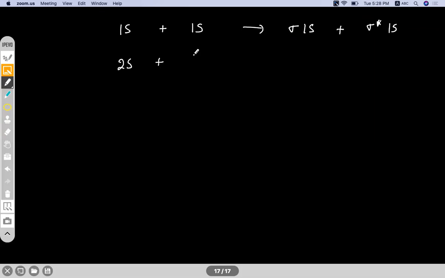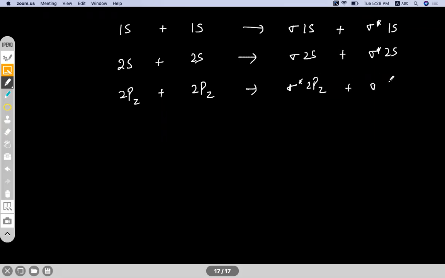If 2s combines with 2s, we again get sigma 2s plus sigma star 2s, anti-bonding. If it is 2pz, I'll take first. 2pz combines with 2pz, it is sigma 2pz plus sigma star 2pz.